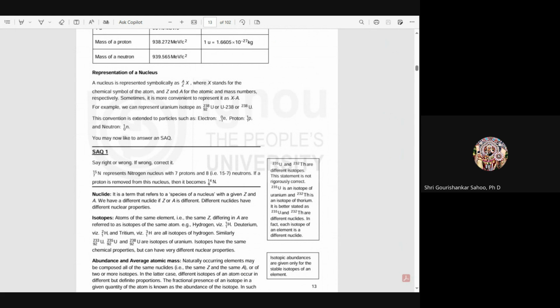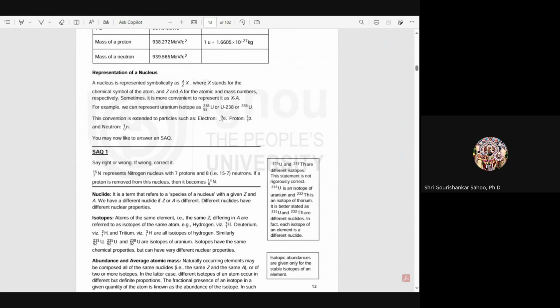Similarly, an electron can be represented as 0e-1, a proton as 1p1, and a neutron as 1n0. So the superscript represents the mass and the subscript represents the charge.